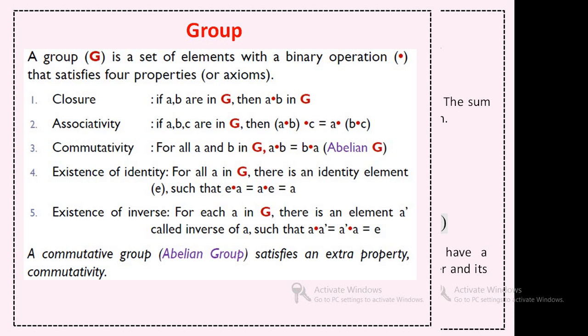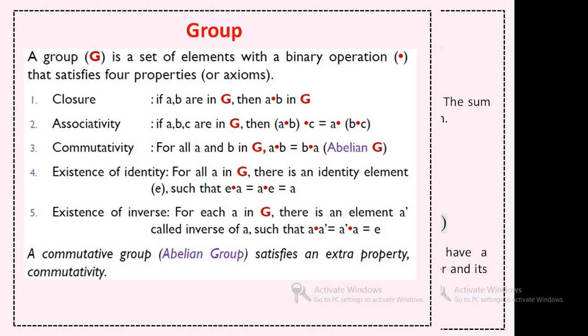A group G is a set of elements with a binary operation that satisfies 4 properties. Please make a note of these 4 properties, because I will go back to the writing pad mode so that this will not be there. First and foremost is the property of closure.